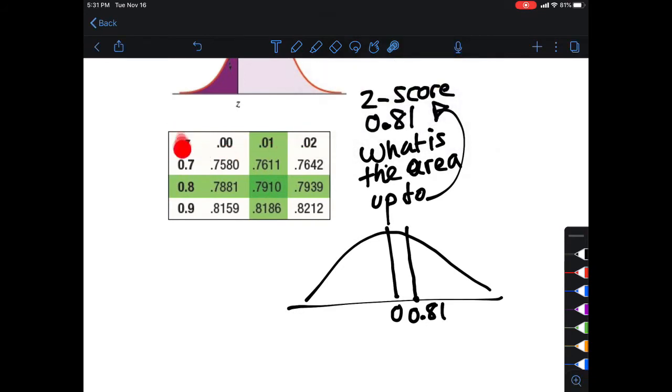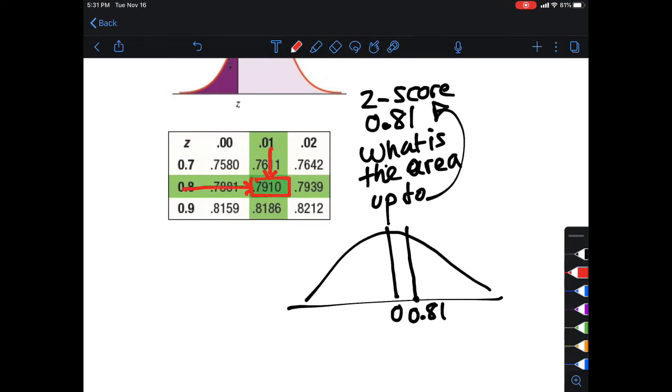How do I find it? I look at the z-score table. I find where it's 0.8 on this side, and then the 0.01 comes from the top, and it's where you meet. As you can see, you're going to go down here, right there. You're going to go over this way, right there.